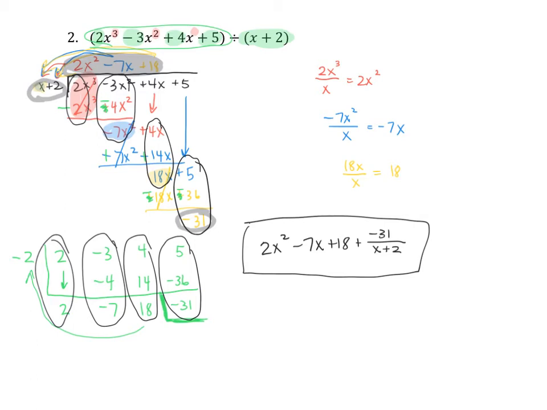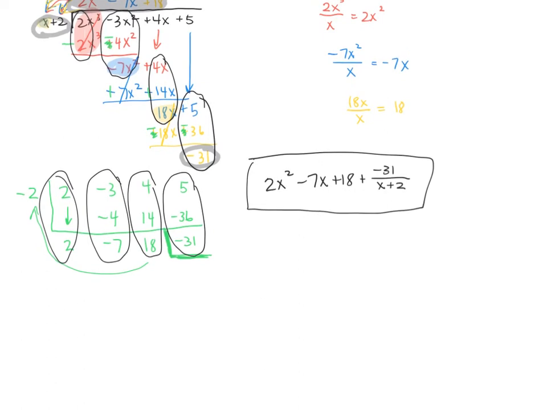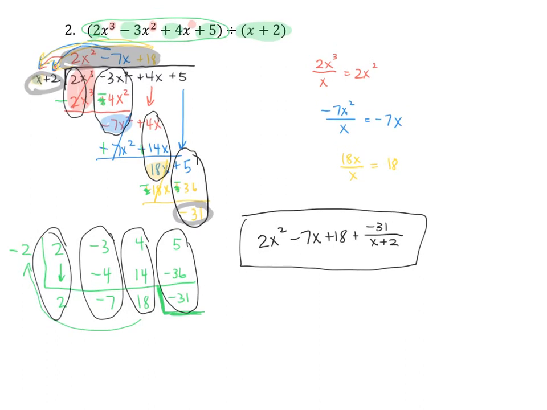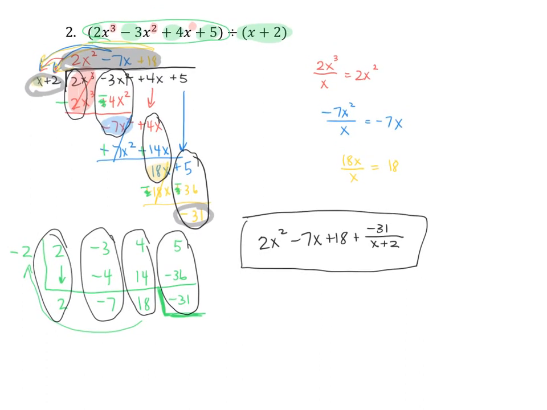To write your answer after you use synthetic division, what you need to realize is when you're dividing, you're bumping it down a level or a degree. So our original polynomial was an x cubed, and our answer is in x squared. So whatever you have originally, you're going to bump it down a level.